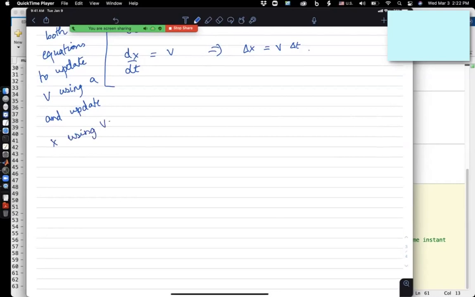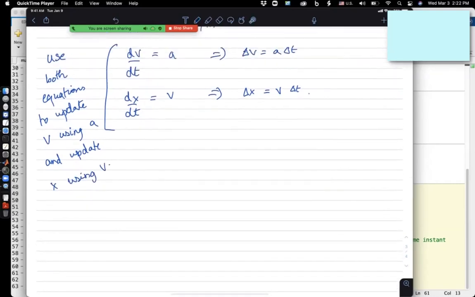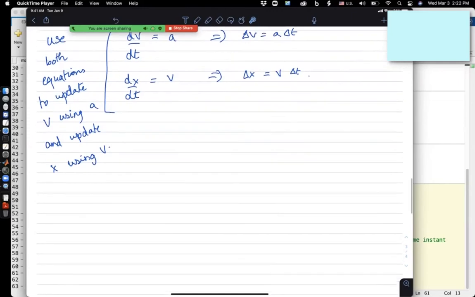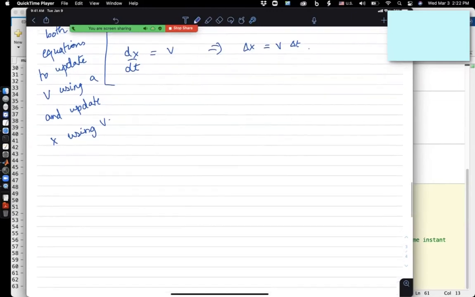Okay, so that's what we will do. By noting what the acceleration is, you can say the velocity is going to change a little bit, and you update the velocity. And then by noting what the current velocity is, you can update the position. And you keep doing this, basically. So that's Euler's method if you're given acceleration.